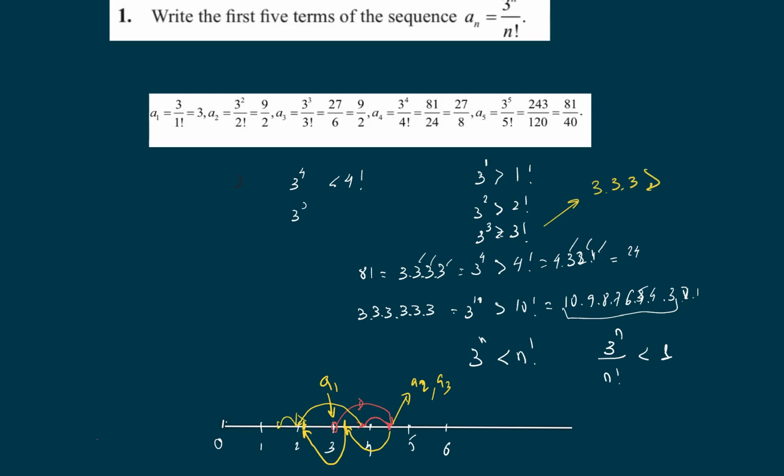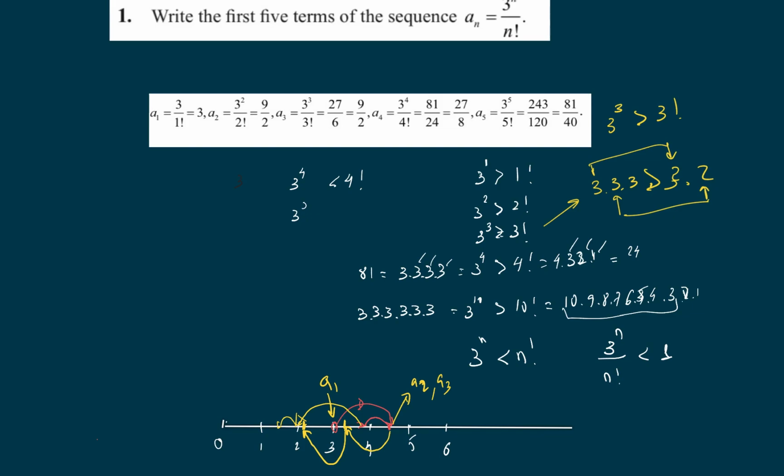This is bigger than 3 factorial, which is 3 multiplied by 2. This 3 is equal to this 3, but this 3 is bigger than this 2. So 3 raised to the power 3 is bigger than 3 factorial.